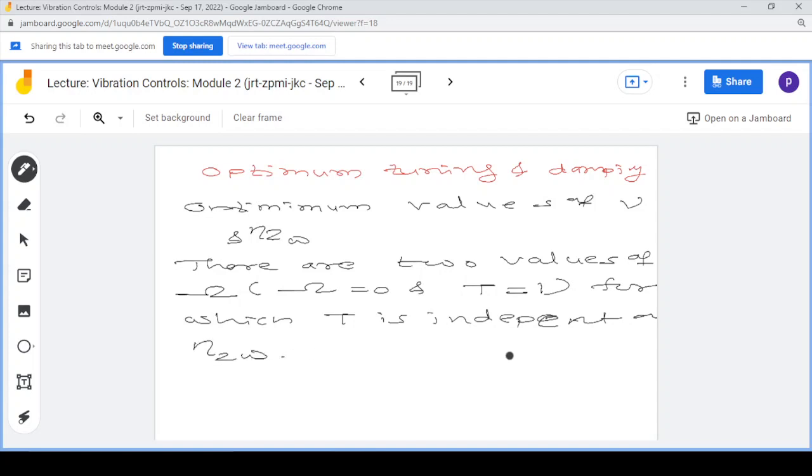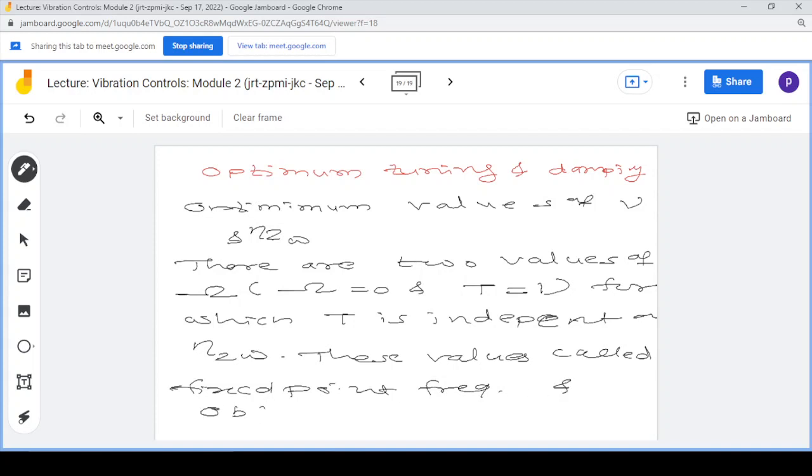These values are called fixed point frequencies, and these are obtained as follows.